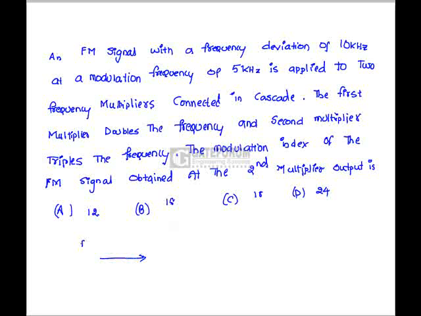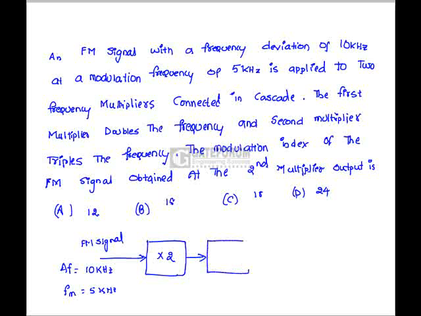Here, this is the FM signal. According to the question, delta F is 10 kHz, fm is 5 kHz. It is passed through a cascade connection of two multipliers, the first one doubles the frequency and the second one triples the frequency.